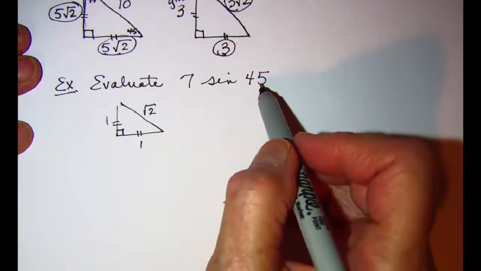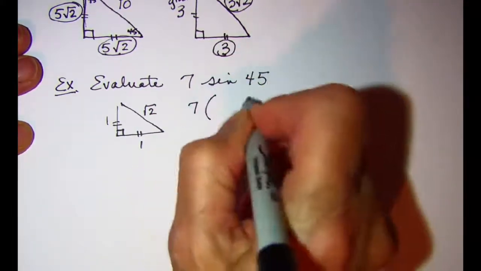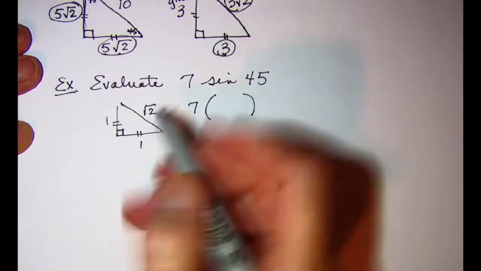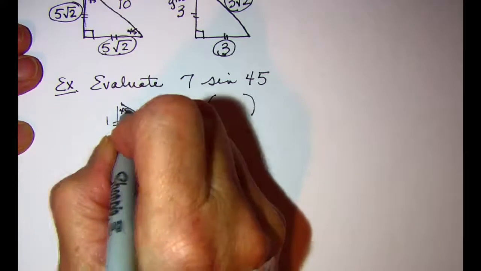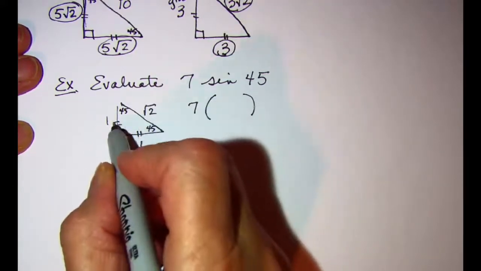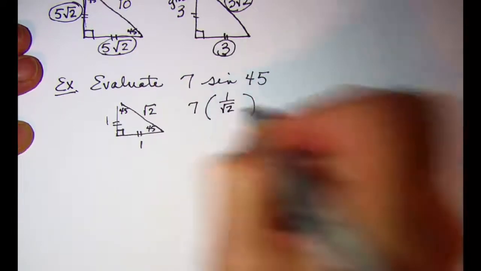So my sine of 45 is going to be the side opposite, and since these are both 45s, it doesn't matter which one you take. Side opposite over the hypotenuse, so 1 over the square root of 2.